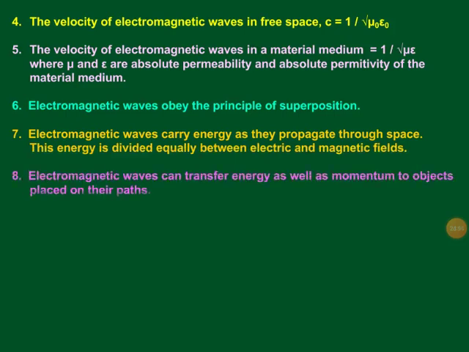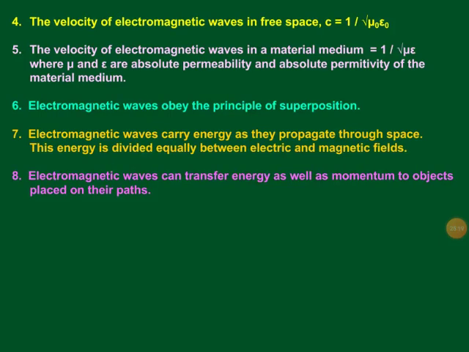Electromagnetic waves can transfer energy as well as momentum to an object placed in their path. This we have already learned in the lower class, that whenever any wave is propagating, it transfers energy as well as momentum.